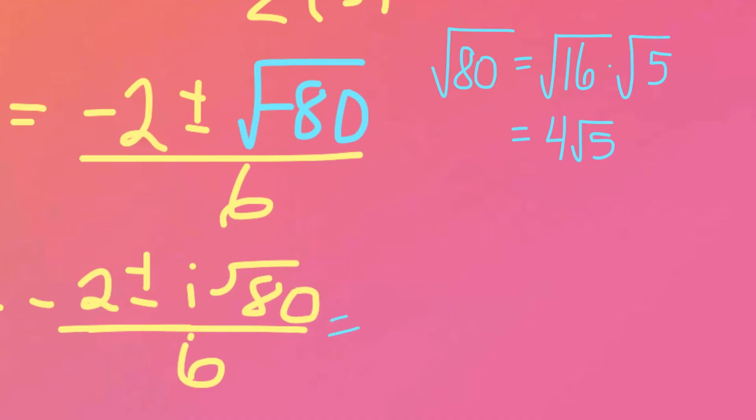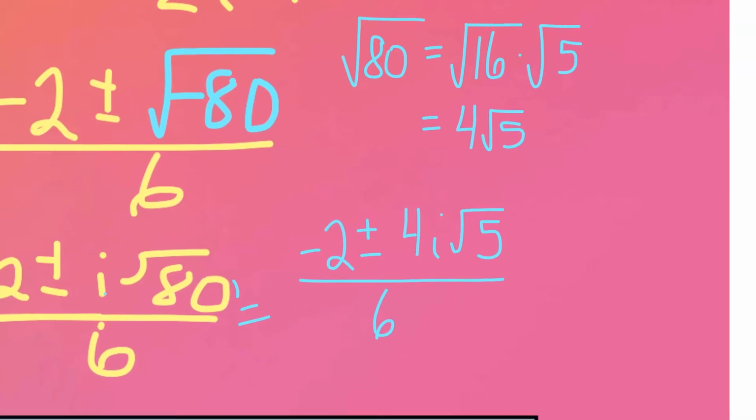So back to the equation here, we'll now have negative 2 plus or minus 4i root 5. So I hope you can see what just happened there. The i is still there, and I've replaced root 80 with 4 root 5. And this is over 6.